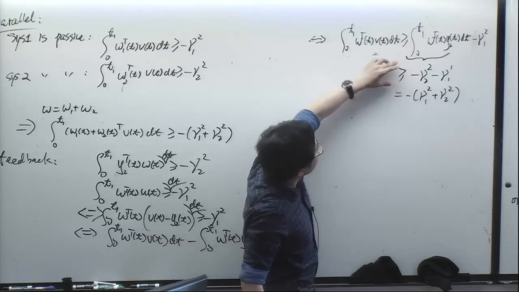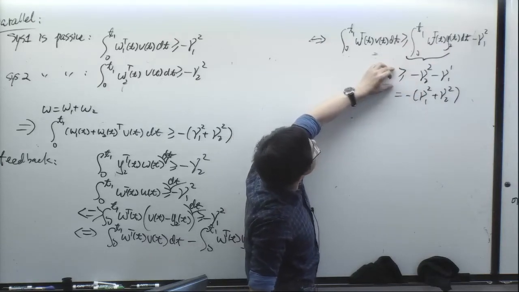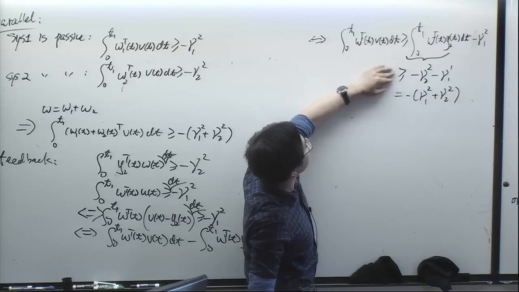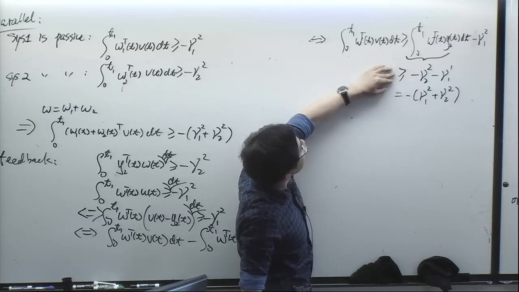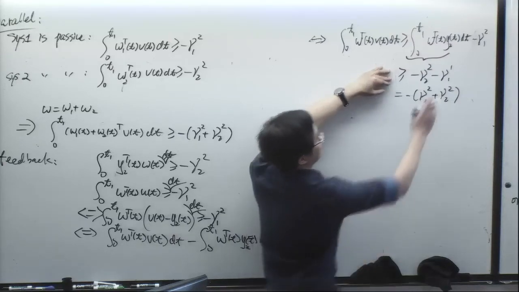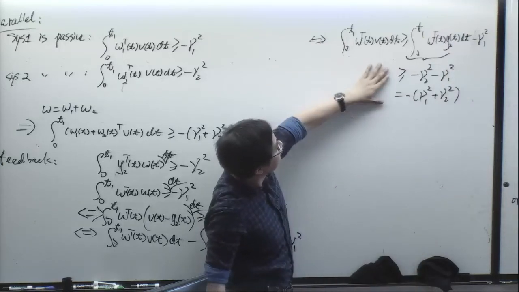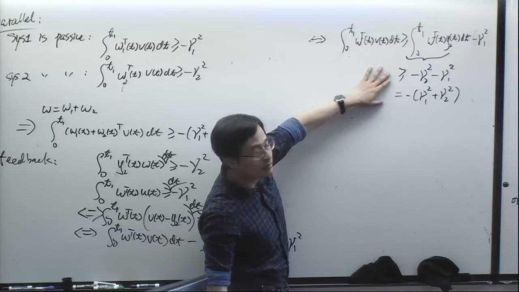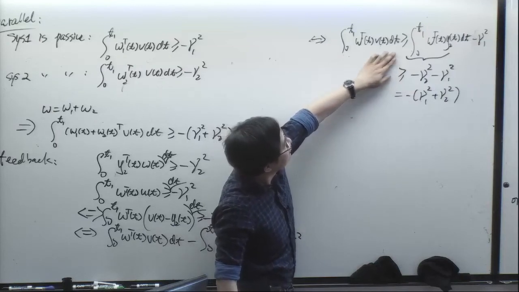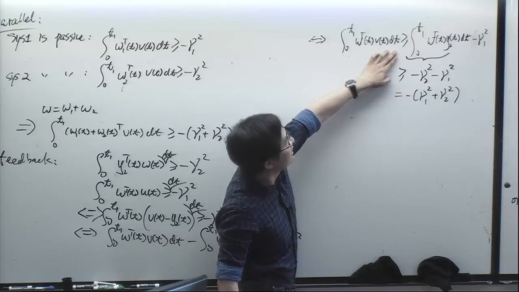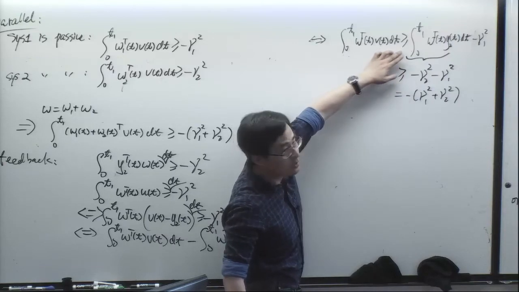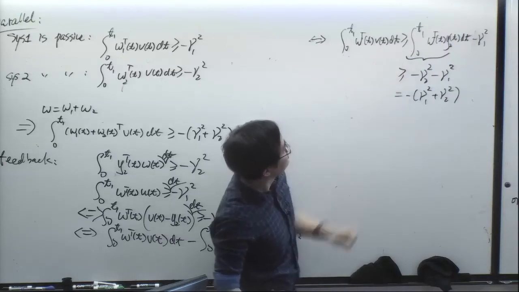So strictly speaking, which one is going to be a little bit more larger than or equal to? This is square. So that upper inequality is going to be a tighter bound on the overall thing. Right? So this is tighter than this one.